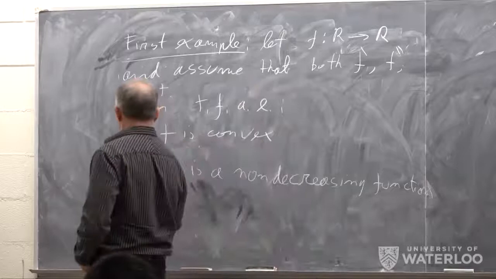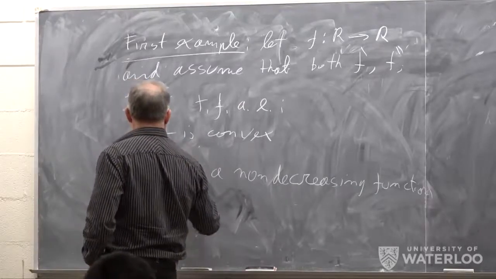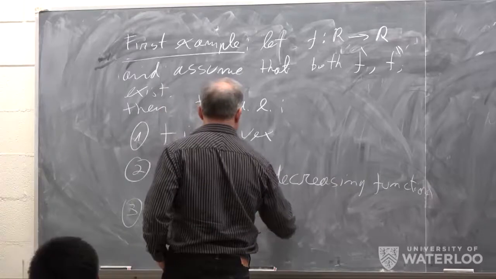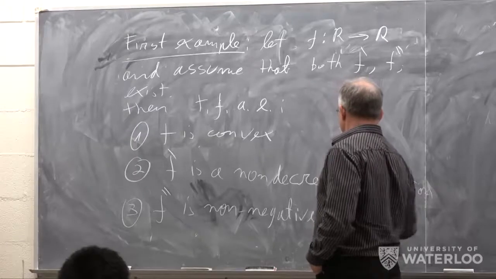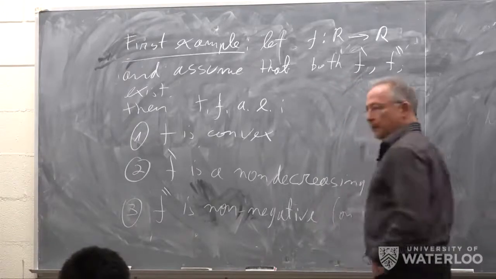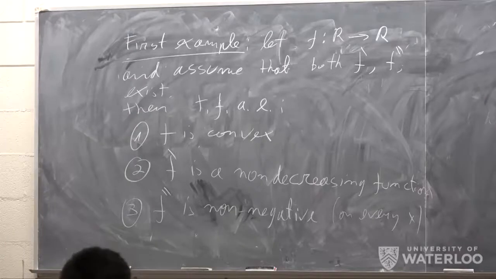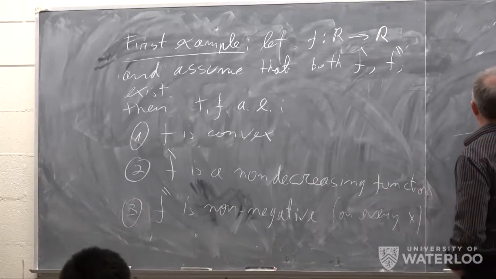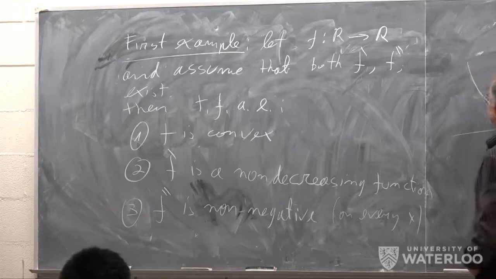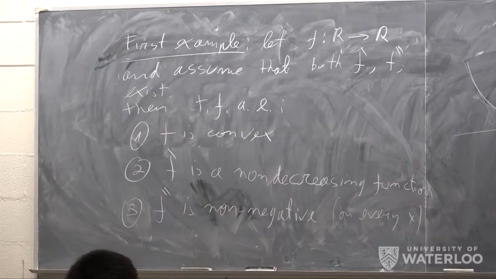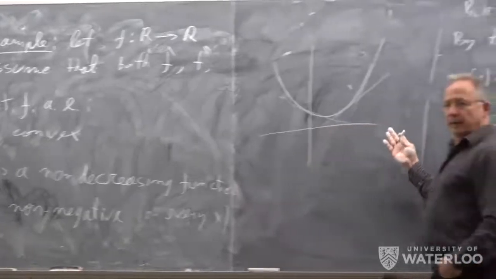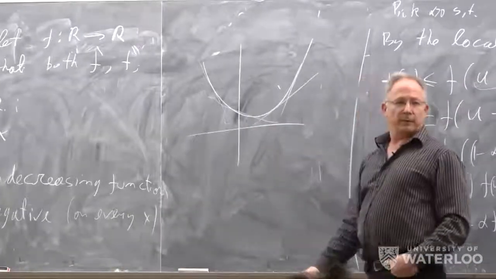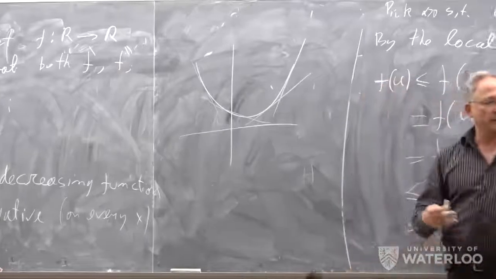And three, f double prime of x is non-negative on every x. Right? So if I look at such a function and look at the slope, it is only getting higher and higher as I move with x from the negative side to the positive side. And if the slope is only moving higher and higher, then the second derivative, which is the rate of change of the slope, is always non-negative.